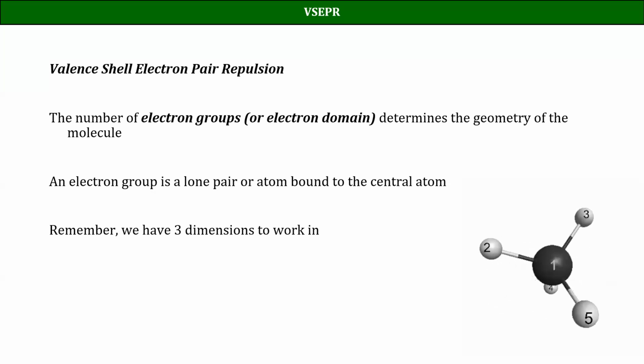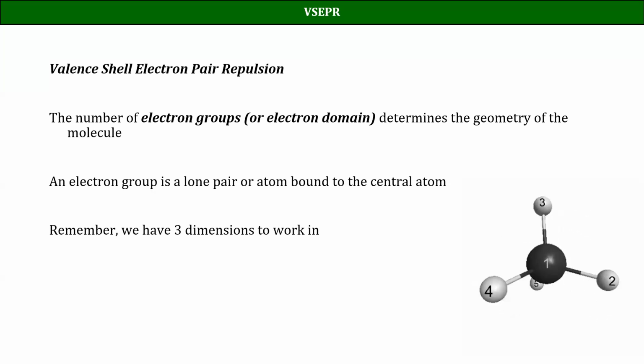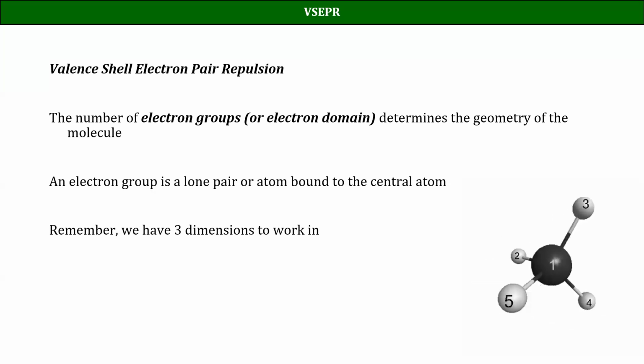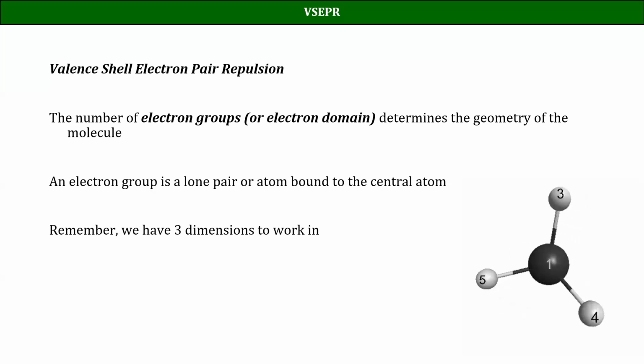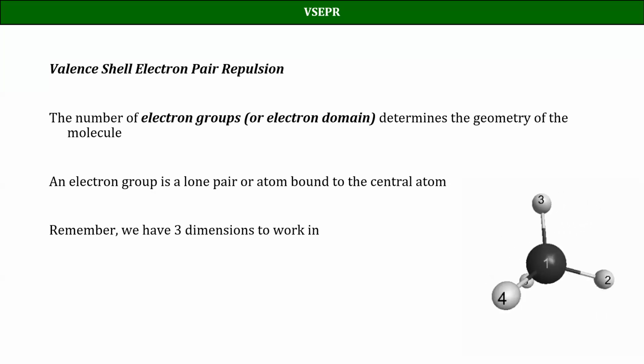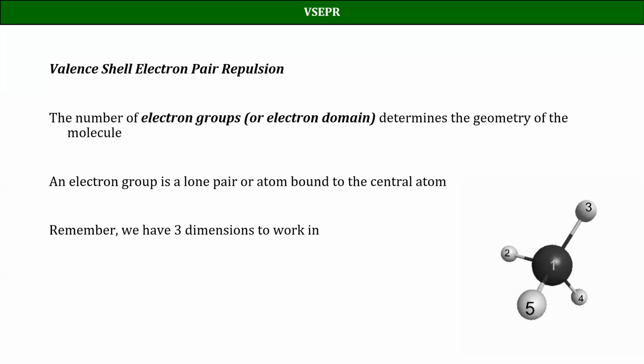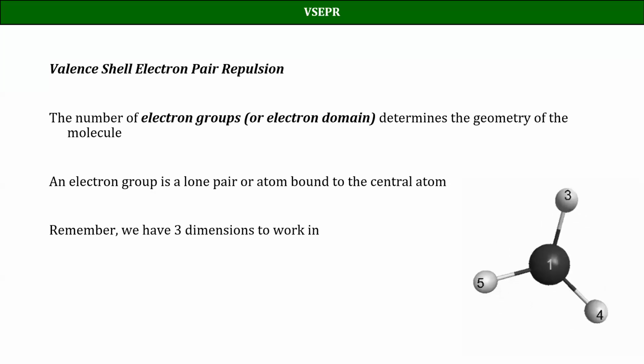We said it didn't matter if you drew water like this or like this, because all of these 4 different electron clouds were all identical to each other.